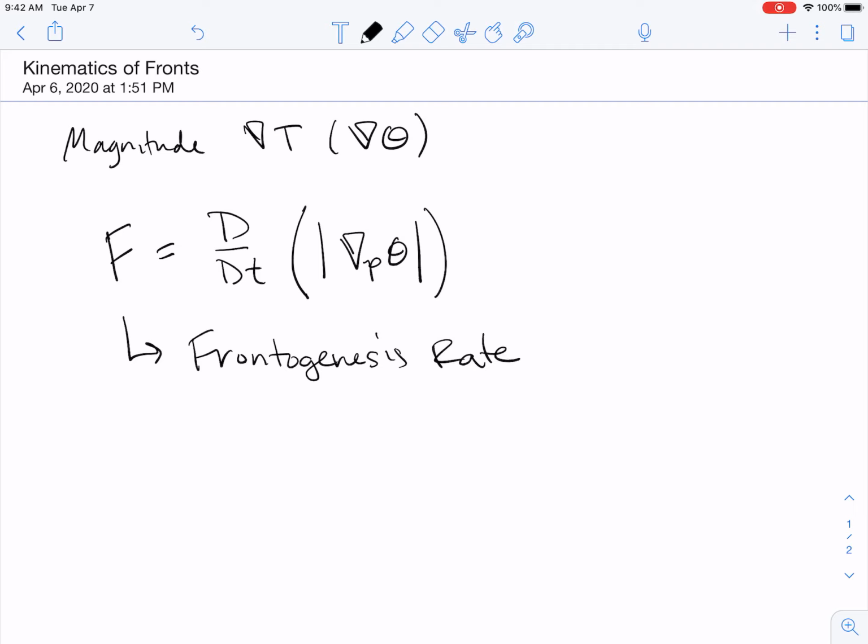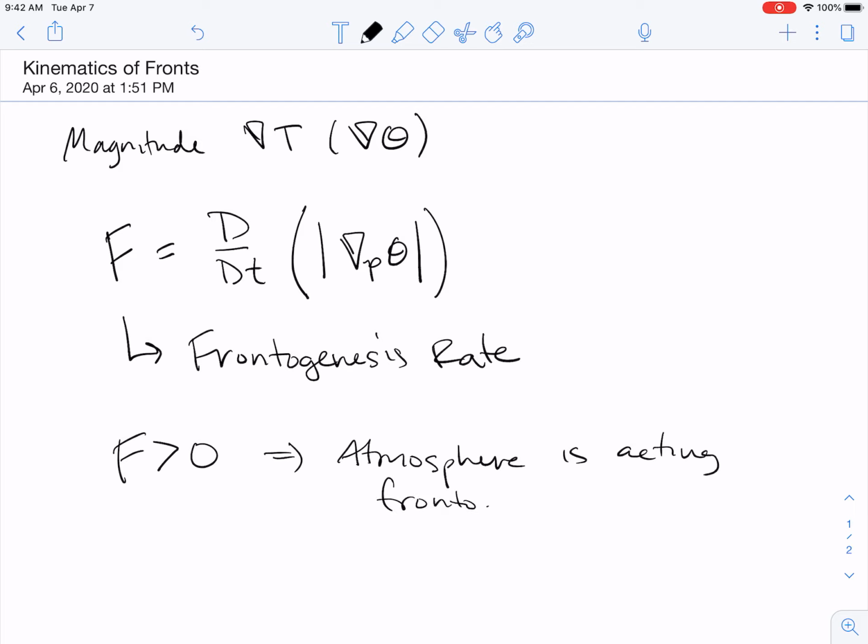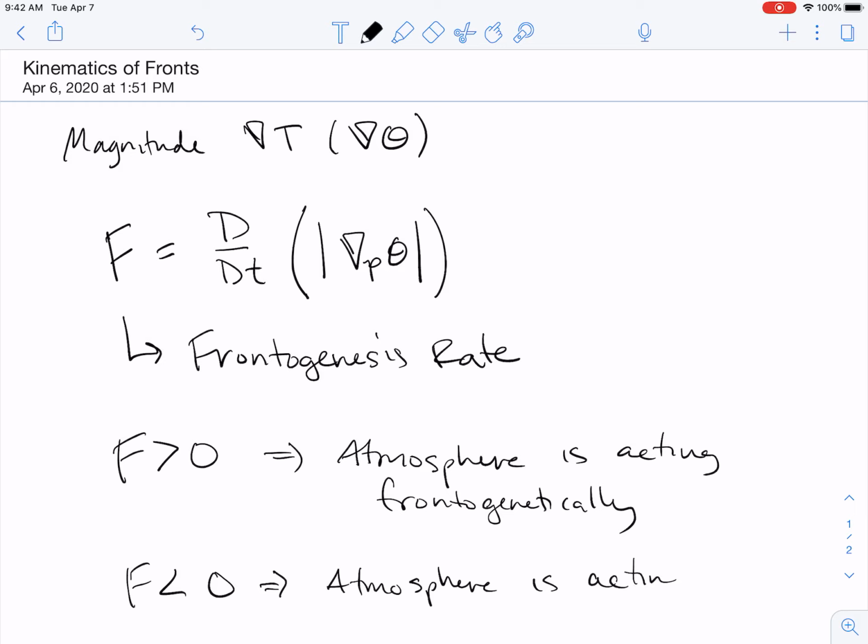Now, one thing to consider, if F is greater than 0, that means the atmosphere is acting frontogenetically. If F is less than 0, the atmosphere is acting frontolytically.